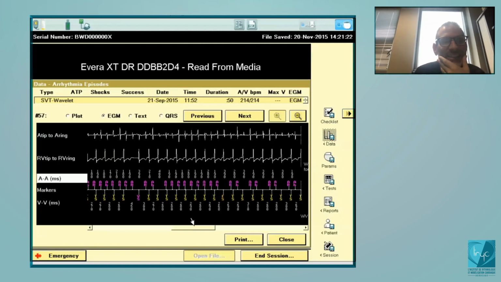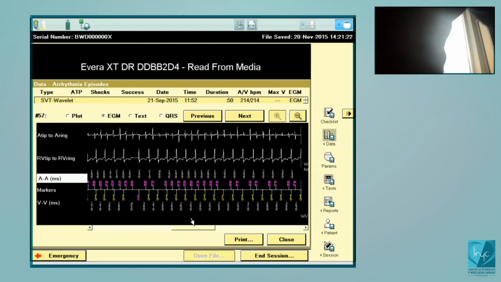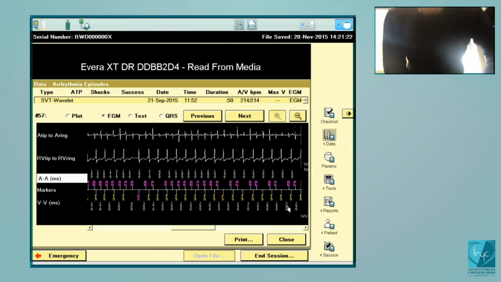Okay, so the next step now is the stability. And if you analyze the cycles, you see now that there are many cycles that are classified as either 280 or 290. You see, if you have a look, if you sum the cycles 280 and 290, you will have more than 50%, and you will even have more than 75%.